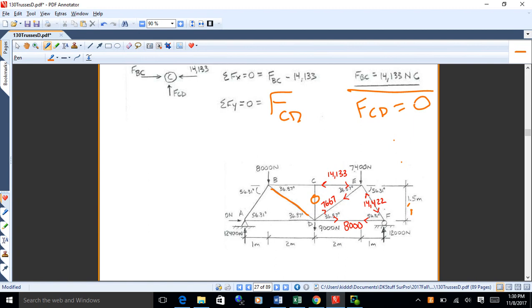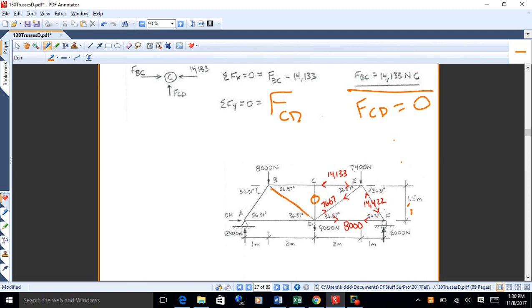Now notice you would not see that CD is 0 if you look at joint D. It's way too complicated down there. But you can see it at joint C. Because it's the only thing with a Y component at C, it's not bearing any load there. Okay? Does that still count as a member when you do the N+3 equals? Yeah, it does.